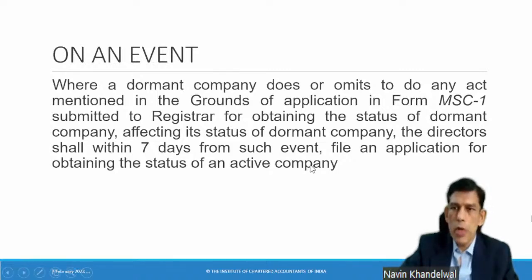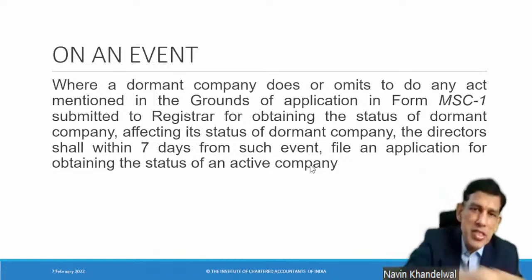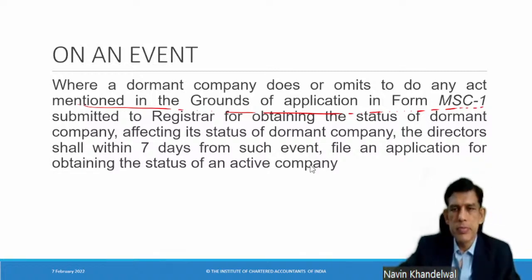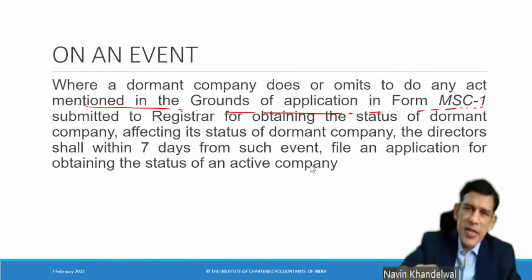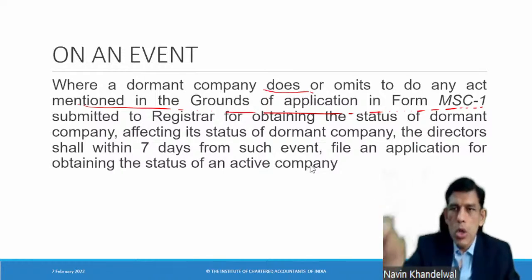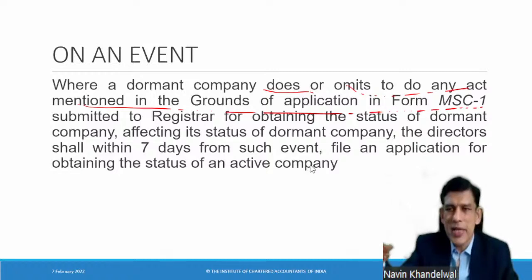Where the dormant company does or omits to do any act mentioned in the grounds in the application in Form MSC1. So either it does any activity which it is not allowed to do, or it omits to do something which it is supposed to do, mentioned in the grounds of the application.